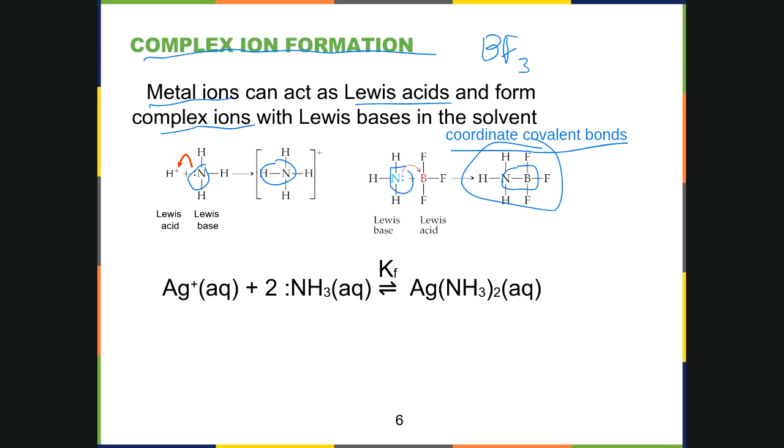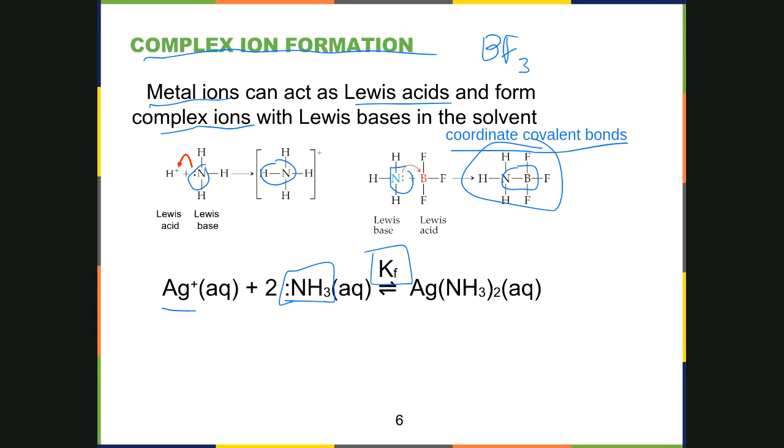But with these complex ions, what's going on is, again, we have a coordinate covalent bond using a pair of electrons, again with ammonia having a pair, and then the acid part is a metal cation, like silver over here. So these are in equilibrium, and there's an equilibrium constant.